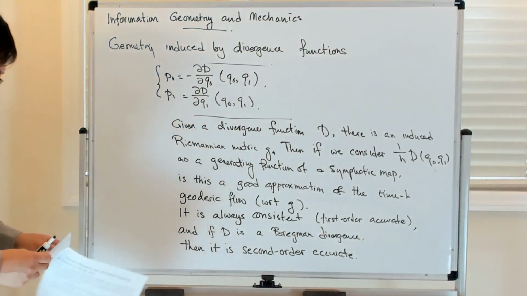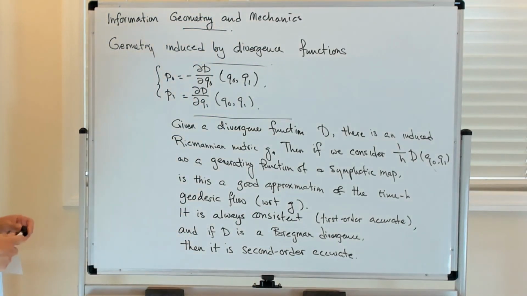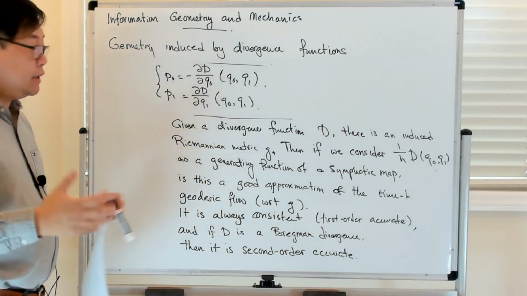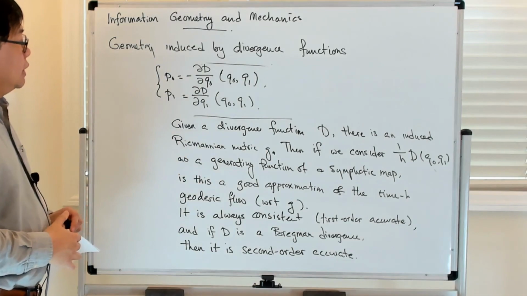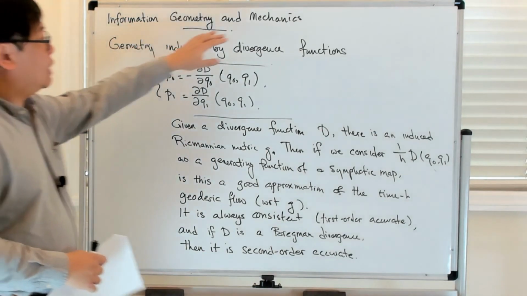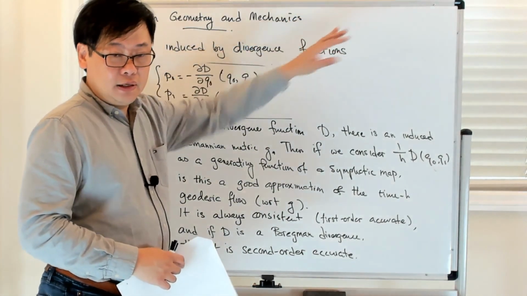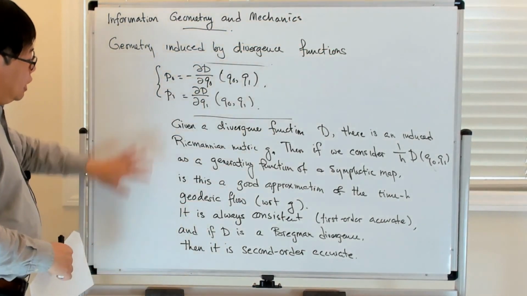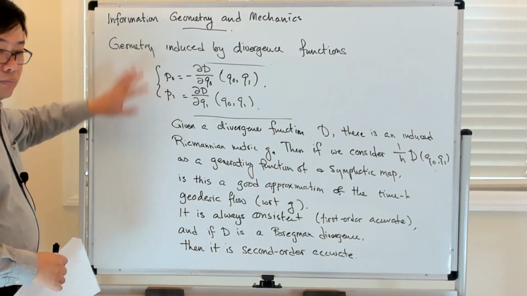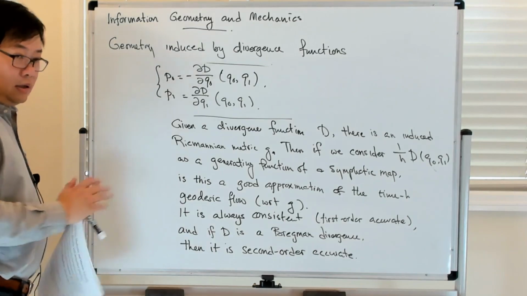That's a high-level view of where some of the interesting potential connections come into play. The other thing that shows up is that there are connections between mechanics and optimization along these lines, taking advantage of divergence functions. I'll describe that in the next lecture. So let me just stop here for now.